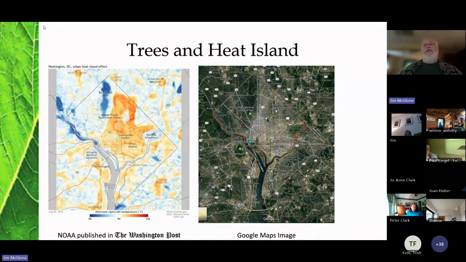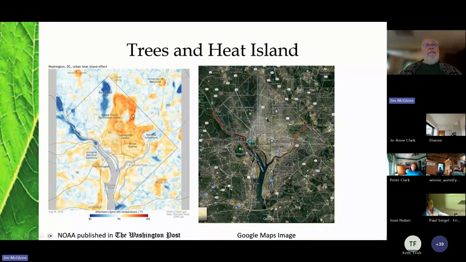On the right is just a Google satellite image of the same area. And you can see there's a very high correlation between the low temperature areas, which get down to about 85 degrees, compared to the high temperature areas, which can be up to 102 degrees. That's almost a 20 degree Fahrenheit difference in temperature, very highly correlated with where we have tree cover.